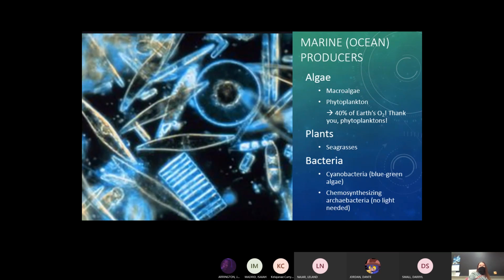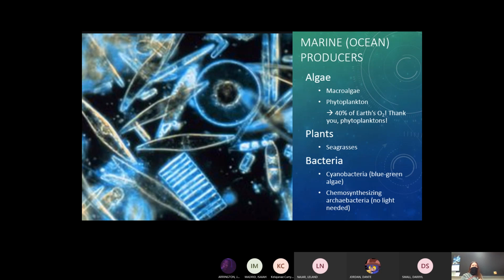All right, marine ocean producers. We saw some of this in your biome presentations. Microalgae, your phytoplankton. Everyone always hears about if you cut down the Amazon rainforest, we're going to lose a huge supply of oxygen, right? The Amazon rainforest produces, despite how many trees they have, very, very little oxygen.